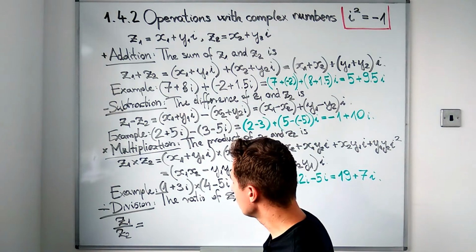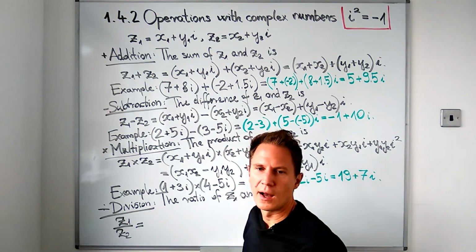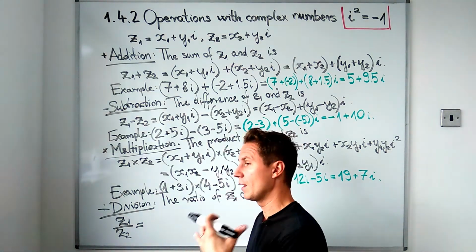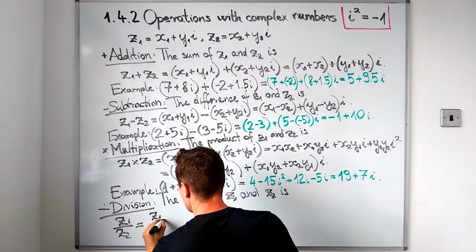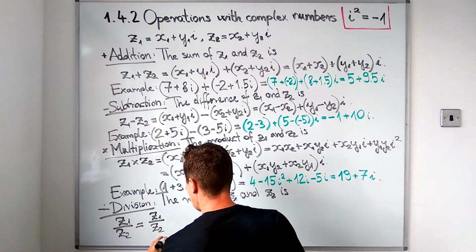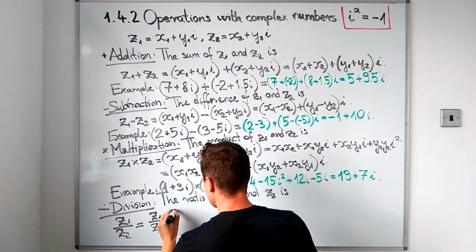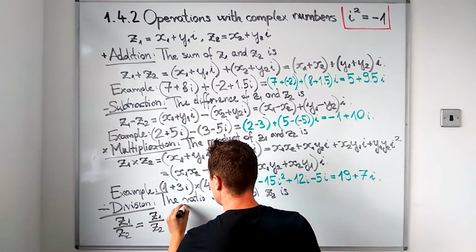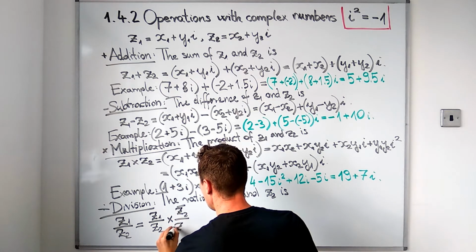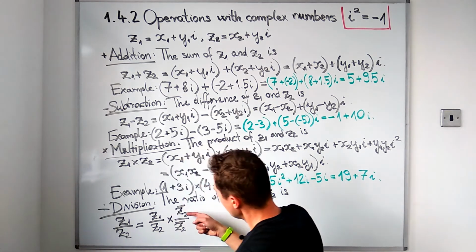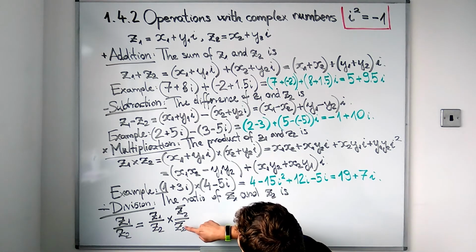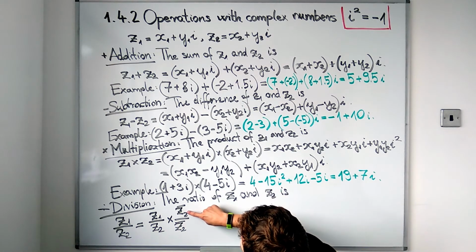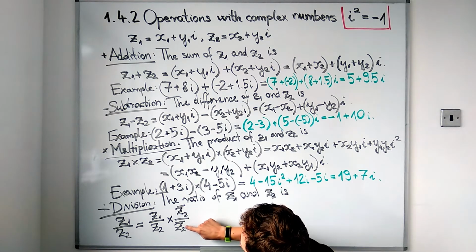But what we know is how to divide by a real number. So the trick that we'll do is we'll introduce an extra factor, which is just 1, but we introduce it in such a way that it is going to give us a real number in the denominator. So what I have written here is the complex conjugate of z2 divided by itself.